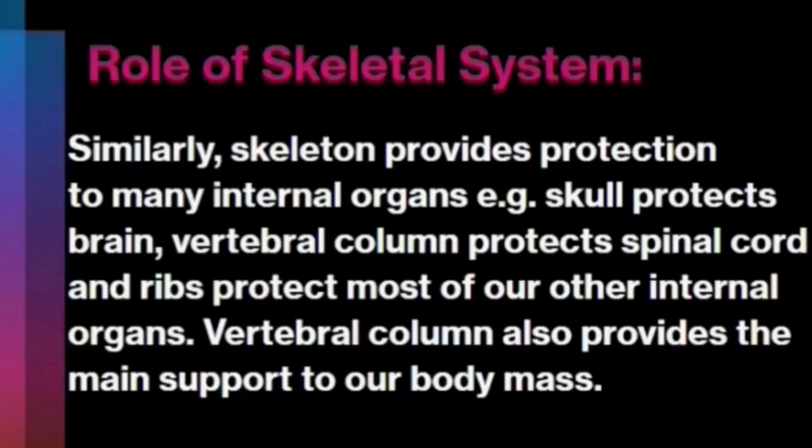If the vertebral column is fractured or not able to perform its functions well, the body will face difficulties in performing physical actions and would not even be able to stand on its feet.